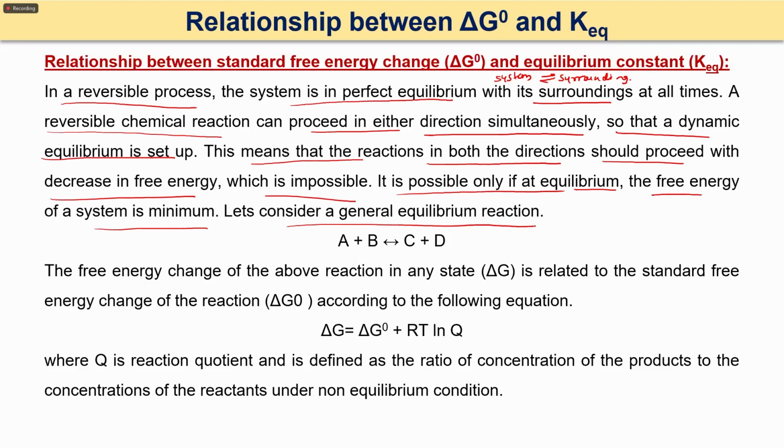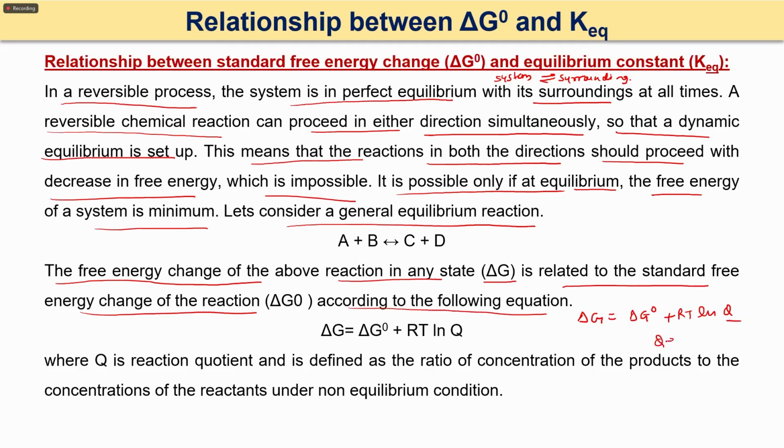Let us consider a general equilibrium reaction, A plus B giving C plus D. The free energy change of the above reaction in any state, that is delta G, is related to the standard free energy change according to the following equation: delta G is equal to delta G naught plus RT ln Q, where Q is the reaction quotient. Q is defined as the ratio of the concentration of products to the concentration of reactants, under non-equilibrium condition.